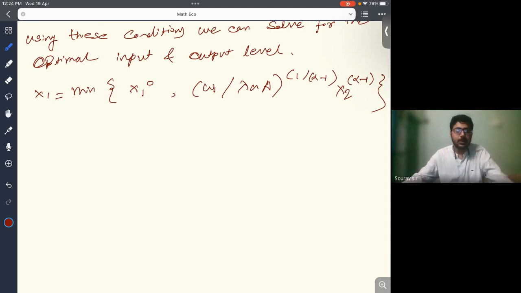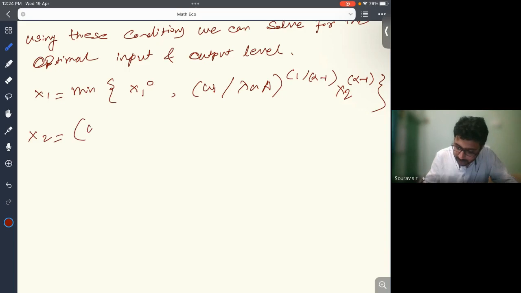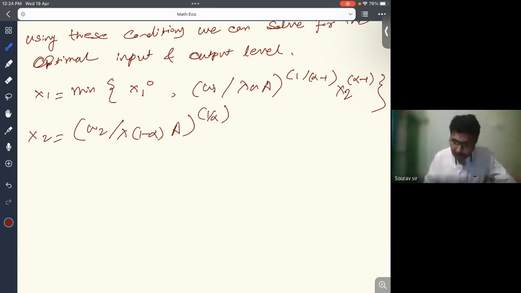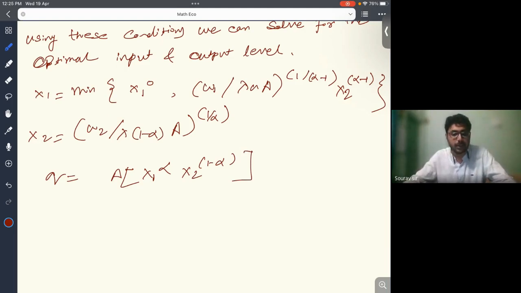Now again we can write x2 as (w2 by lambda of 1 minus alpha into A) the whole to the power 1 by alpha. And q is equal to A into x1 to the power alpha into x2 to the power 1 minus alpha. Now the optimal values of lambda and mu can be found by substituting these expressions for x1, x2 and q into the first order conditions, right?